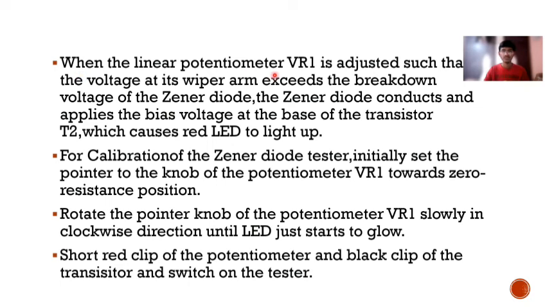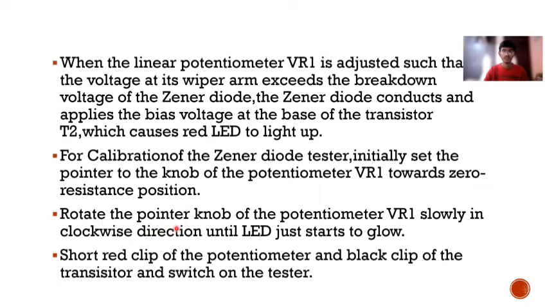When the linear potentiometer VR1 is adjusted such that the voltage at its wiper arm exceeds the breakdown voltage of the Zener diode, the Zener diode conducts and applies the bias voltage at the base of transistor T2, which causes the red LED to light up. For calibration of the Zener diode tester, initially set the pointer knob of the potentiometer VR1 towards the zero resistance position.